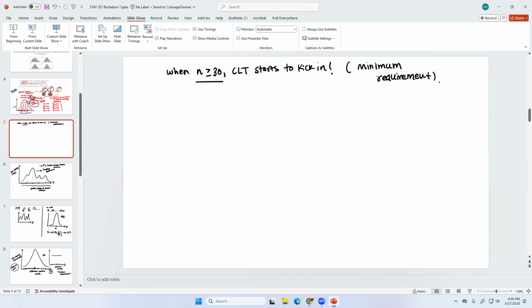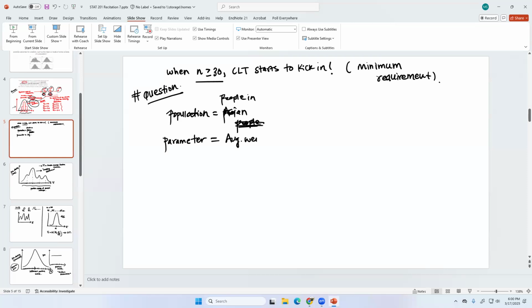So let me ask you a question. Imagine any population again. Say, people in Asia is your population. Your parameter, let's say, is average weight. And what is your variable?